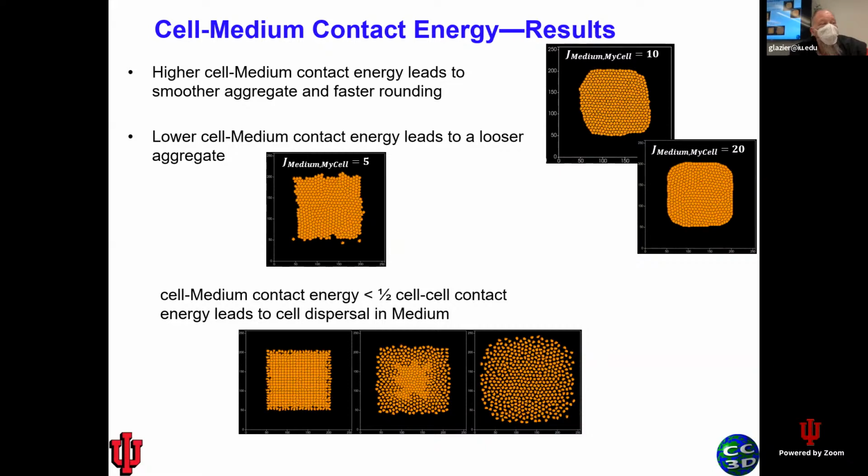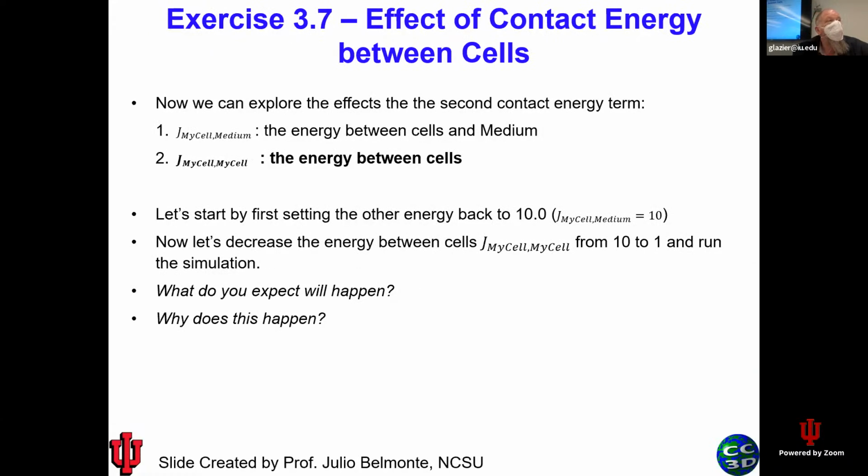If the cell-medium contact energy is big compared to the fluctuation amplitude or temperature, then the cells will be fairly compact and polygonal. If I make the cell-medium contact energy small compared to the fluctuation amplitude or temperature, then the boundaries of the cells will get rougher. And so I can control that as well.